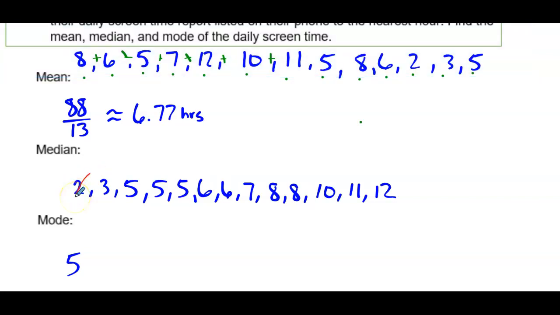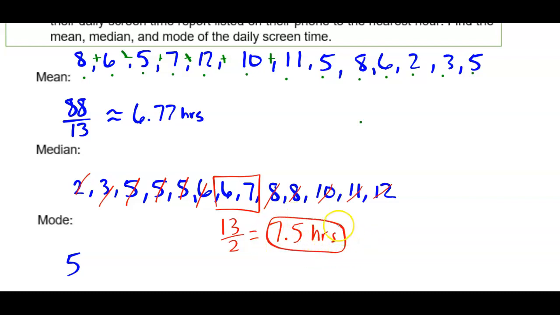So I got 2, 12, 3, 11, 5, 10, 5, 8, 5, 8, 6. Oh, I've got 2 left over. So here's where I would add these together. I'm going to get 13. There's 2 of them. I'm going to divide by 2. That's my average. And so 7.5 hours was the average or the middle number that they were on their phone.